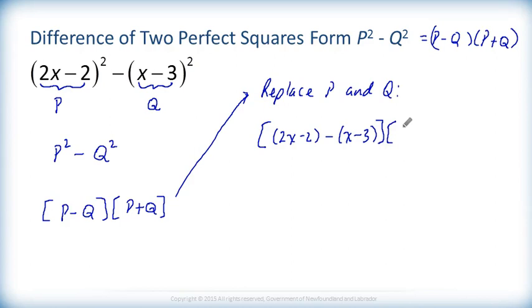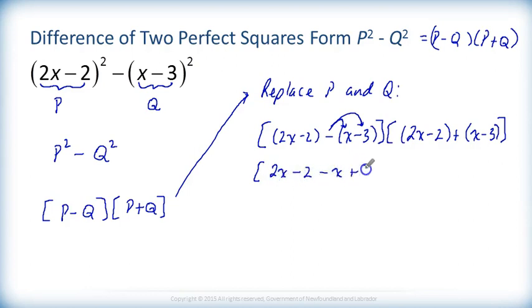We do the same thing in the other bracket, except that we'll have a plus before the second bracket. All we need to do is distribute this negative into these two terms, and the first bracket will now become 2x minus 2 minus x plus 3. And in the second set of brackets, there's nothing to distribute, so I can remove those rounded brackets right away.